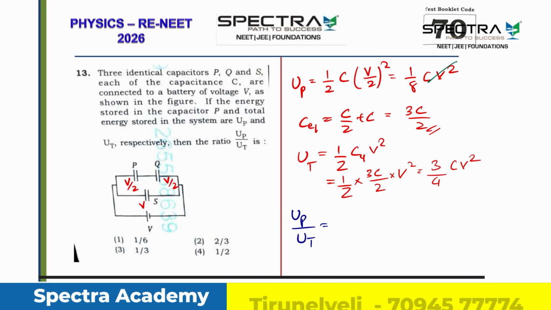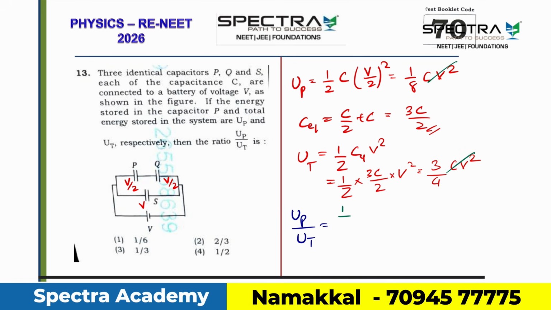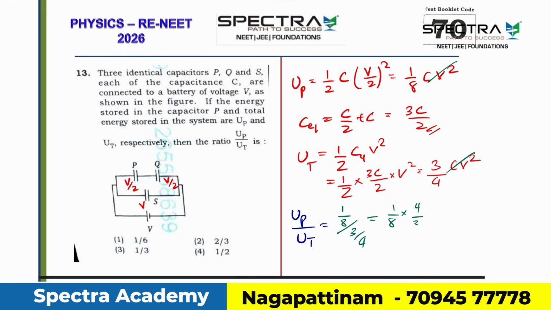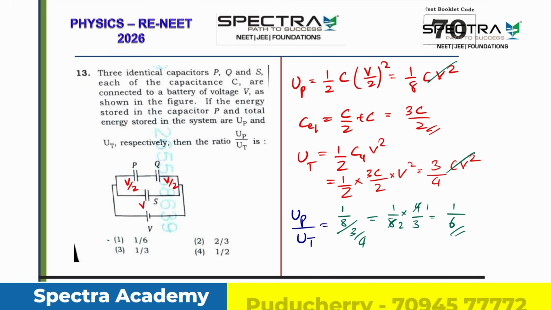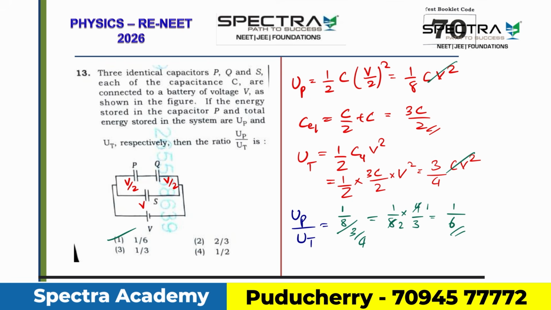CV square cancels. Remaining 1 by 8 divided by 3 by 4, so you get 1 by 8 into 4 by 3. So 2 comes out, and the answer is 1 by 6. First option is our right answer.